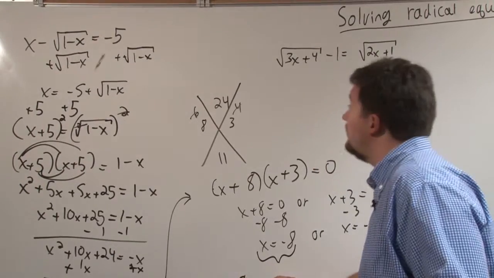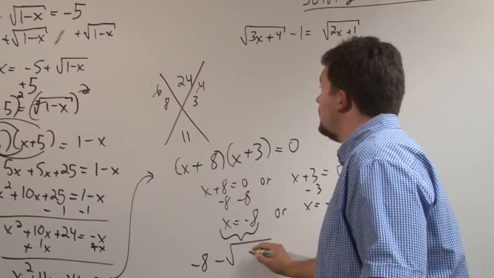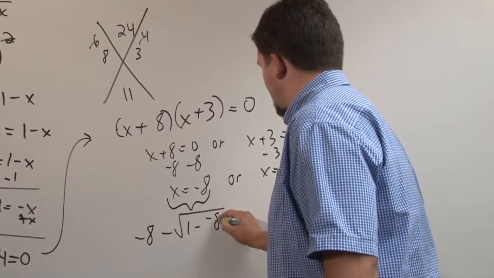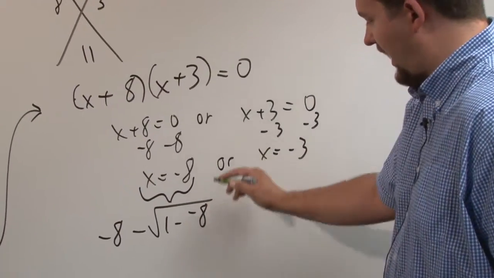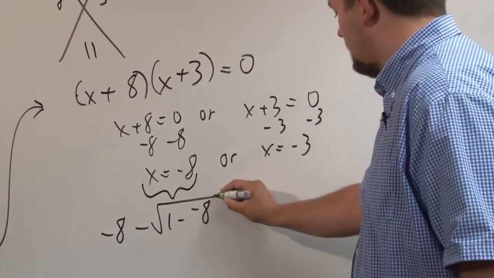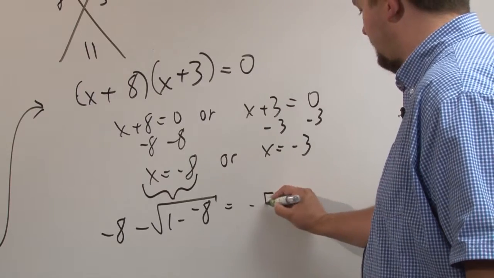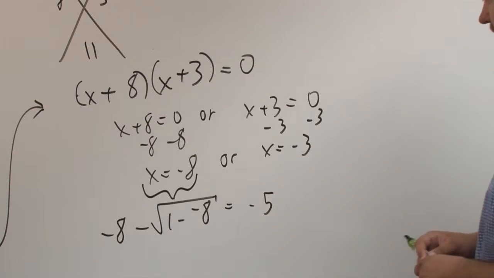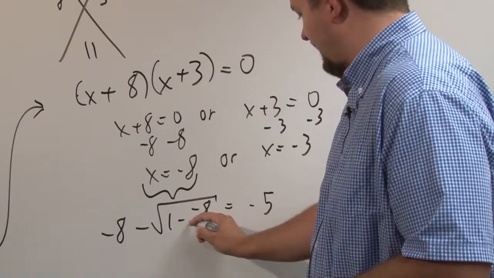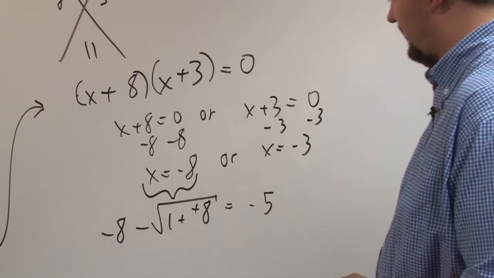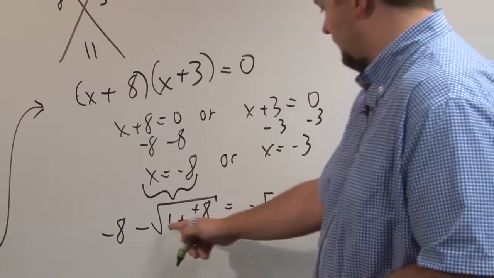So negative 8 minus square root 1 minus a negative 8. I like to put my negatives higher when I've got a negative in front of it, equals negative 5. All right. So I have minus a negative. I'm trying to work from the smallest outward. So that becomes 1 plus 8.